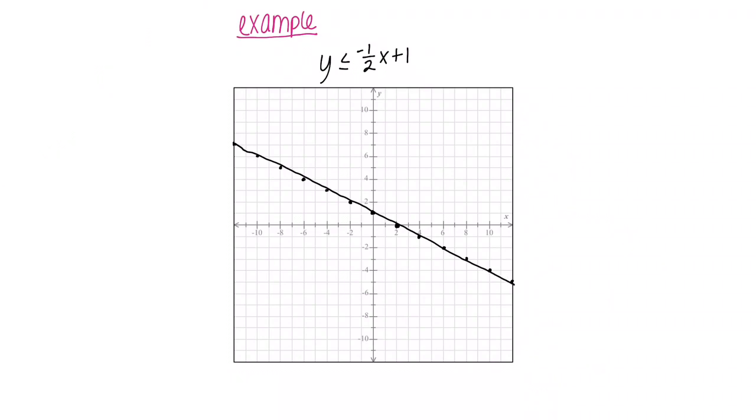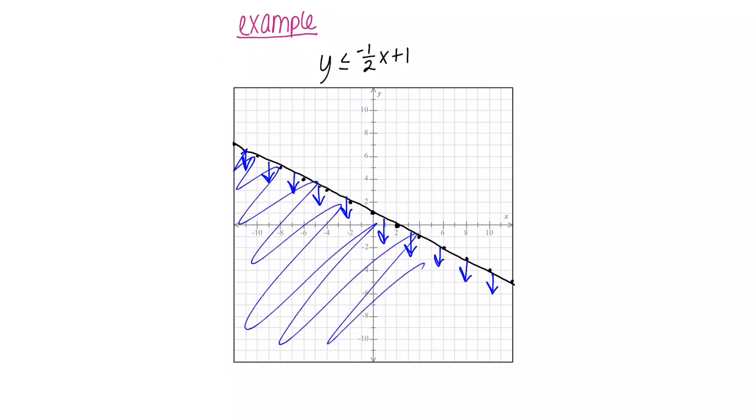There's my line. Now, the less than means to shade below, so drawing arrows straight down, this is the below region. So, beautiful. So that's the shaded region there.